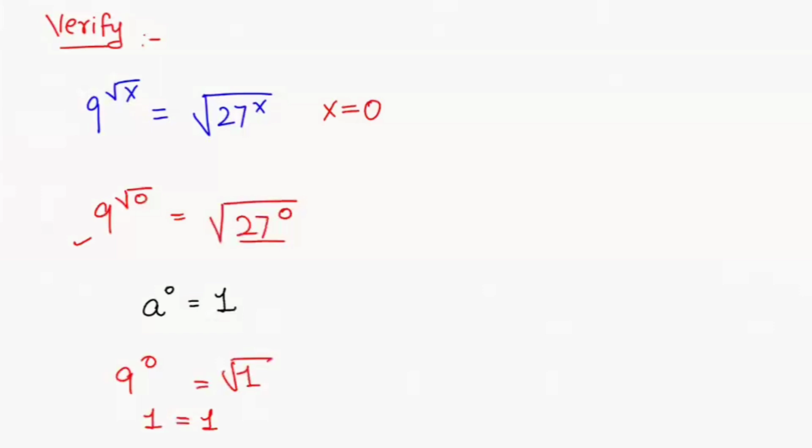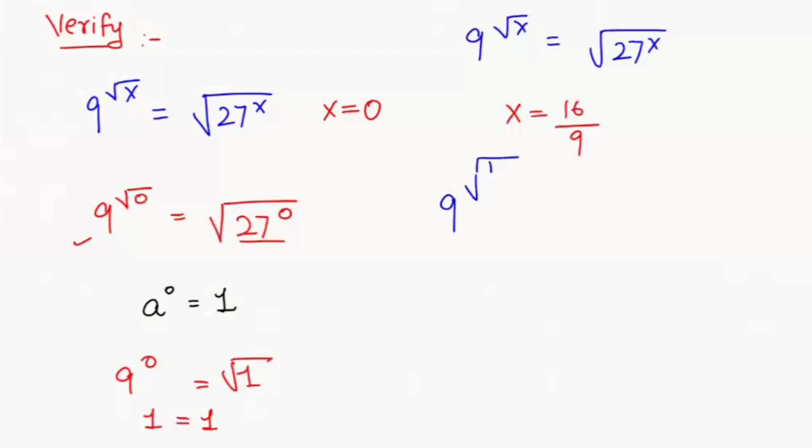Now we are going to verify my other x value. The equation we have is 9 to the power of root of x is equal to root of 27 to the power of x. And the x value here I am going to take is 16 over 9. So we are going to plug in here the x value: 9 to the power of root of 16 over 9 is equal to root of 27 to the power of 16 over 9.